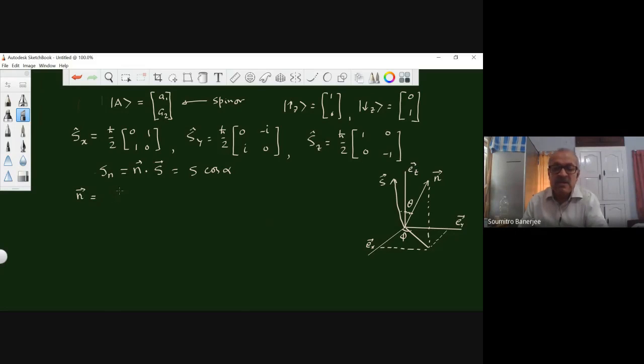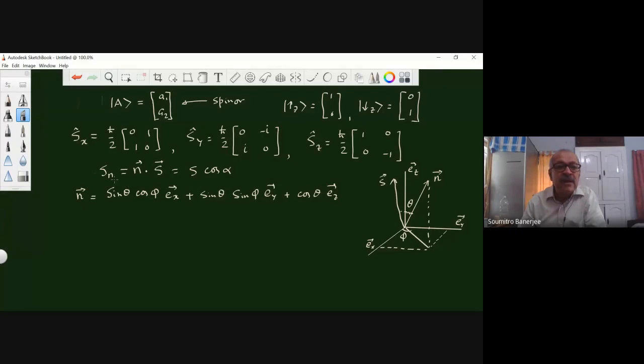The z component will be cos theta, and the x and y components involve sin theta cos phi and sin theta sin phi. So the x component is sin theta cos phi, ex vector, plus sin theta sin phi, ey vector, plus cos theta, ez vector.